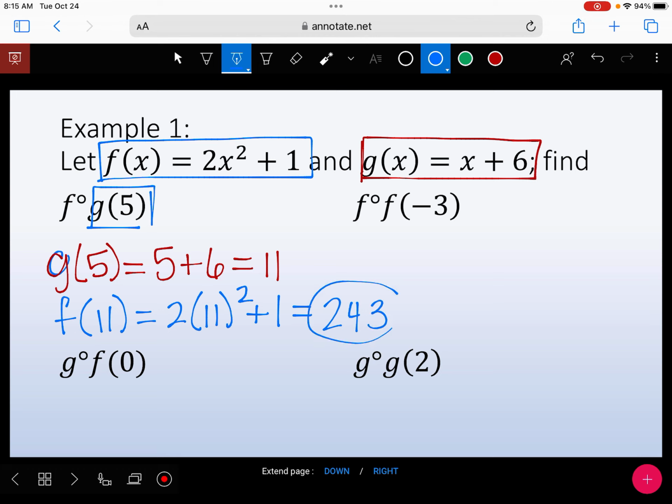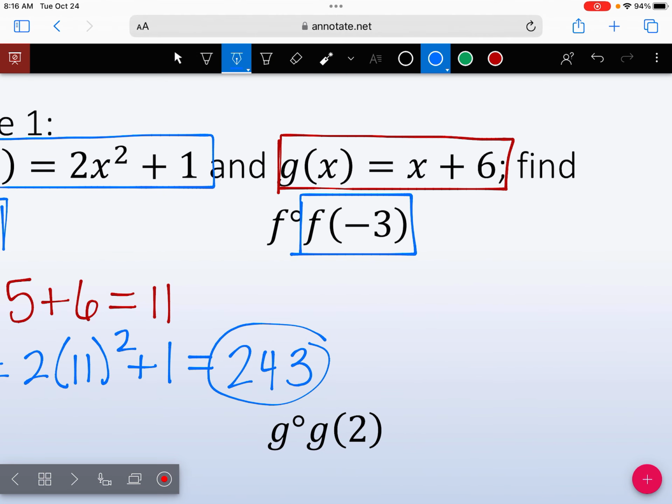All right, so now let's look at the second example. For the second example, we're going to start with our F function, which is 2x squared plus 1. This time we're going to put a negative 3 into F. So let's begin by putting a negative 3 into F. So that would be 2 times negative 3 squared plus 1.